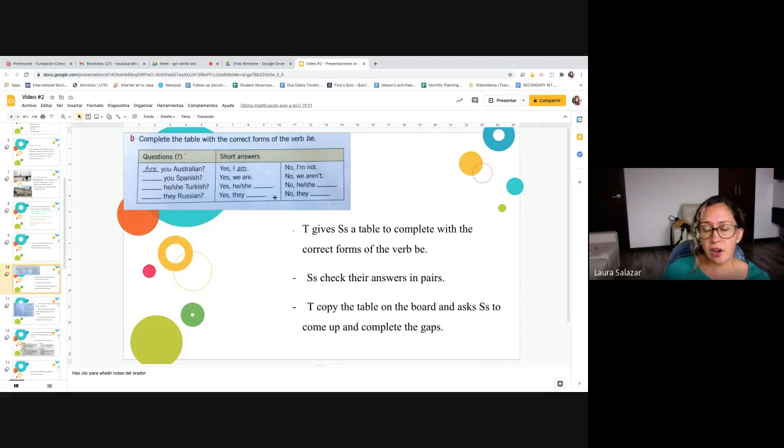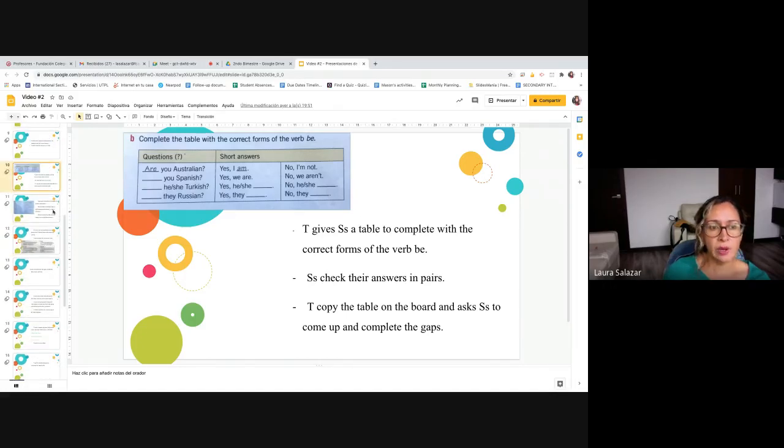Students check their answers in pairs first. The teacher copies the table on the board and asks the students to come up and complete the gaps. That way, the teacher will know who understood the form of the verb to be, or who didn't understand.